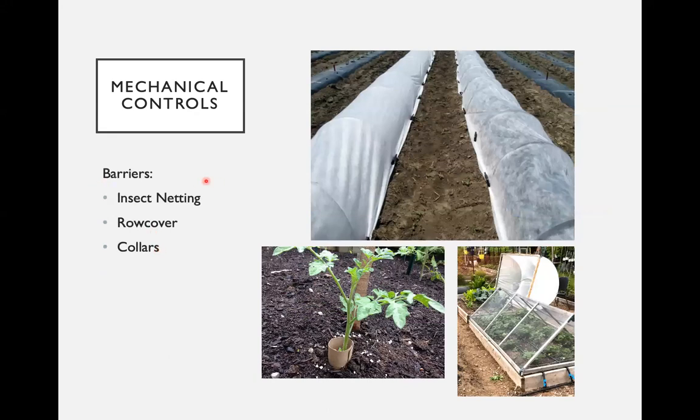Barriers are a big mechanical control that we do practice a lot on campus. We set up barriers around our plants with screens like this one on the bottom right. So we have insect netting, we use screens. Many farms, including the farm I work at downtown, also have floating row cover. It's this Agribon, a woven fabric that we use.